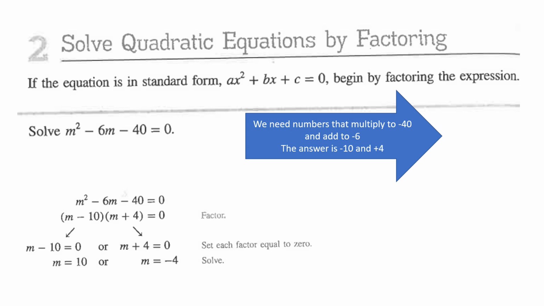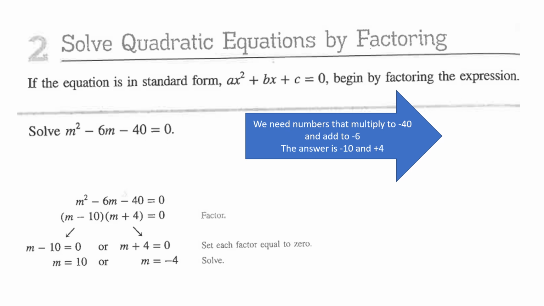We need to find numbers that multiply to minus 40 and add to minus 6. The solution to this number puzzle is minus 10 and 4, because minus 10 times plus 4 is minus 40, and minus 10 plus 4 is minus 6.